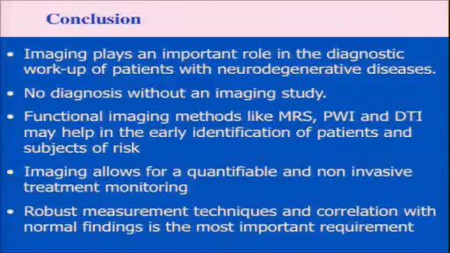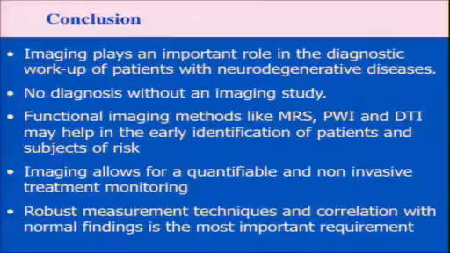Functional imaging studies like MR spectroscopy, perfusion-weighted imaging, and, I think very importantly, diffusion tensor imaging, play an important role in the further differential diagnosis and better workup of those patients. What are the challenges? The challenge is that the majority of the imaging studies we use today are just qualitative and not quantitative.